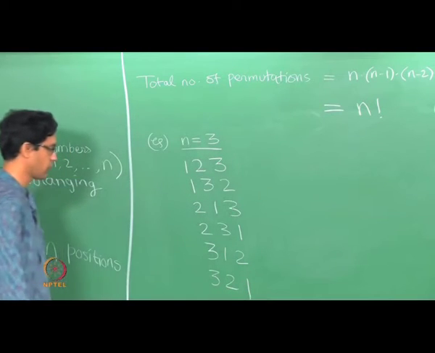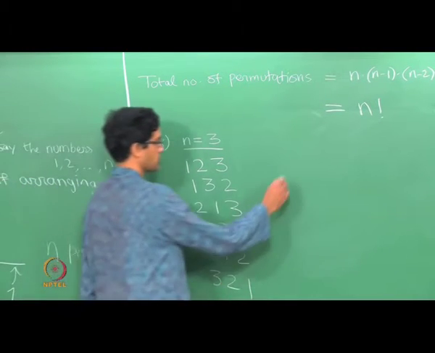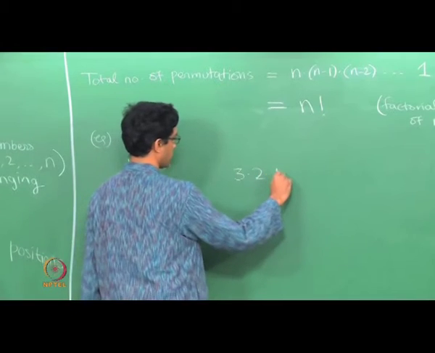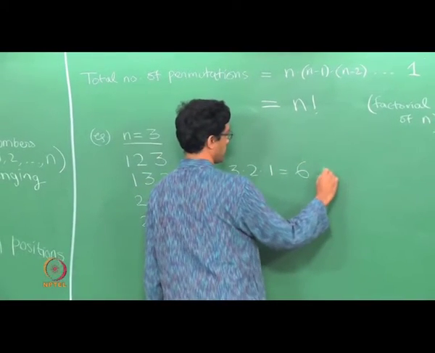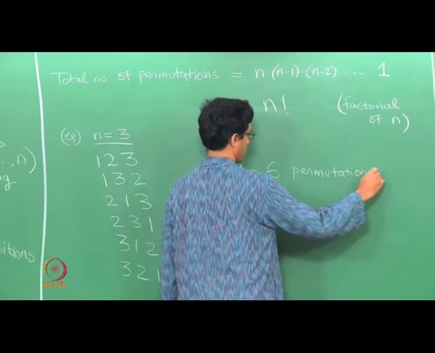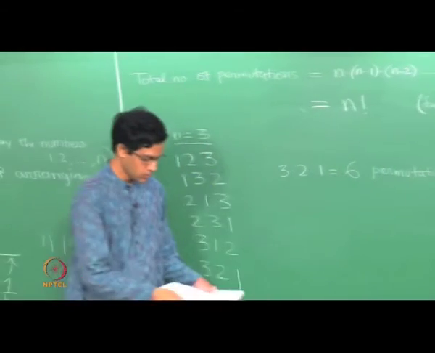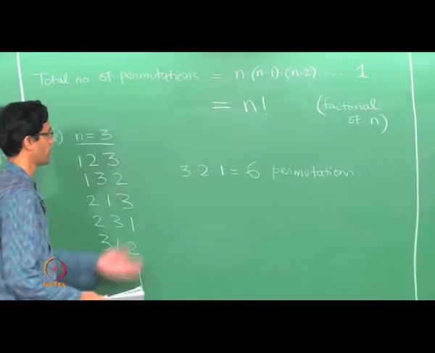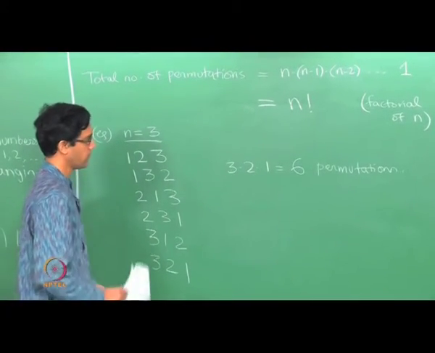And that is the full list. There are 6 possibilities. So that is 3 into 2 into 1, that is 6 choices, 6 permutations. Okay. So of course that is the usual well known answer, the n factorial.